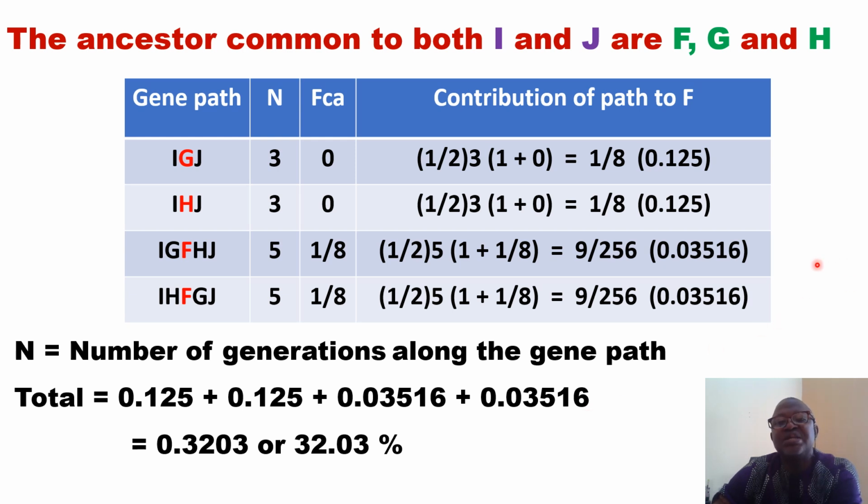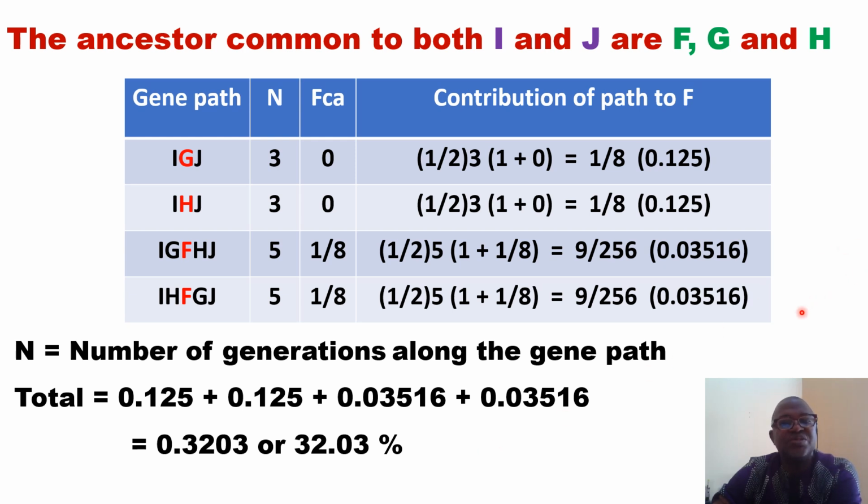So we can now see that there's a relationship between inbreeding and relationship in animals. The closer the relationship, the higher the inbreeding coefficient, and the wider the relationship, the lower the inbreeding coefficient will be.